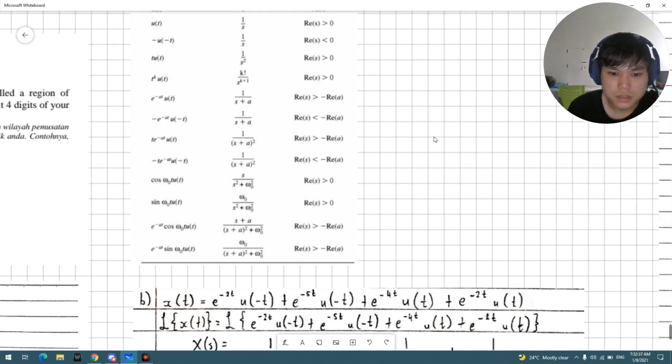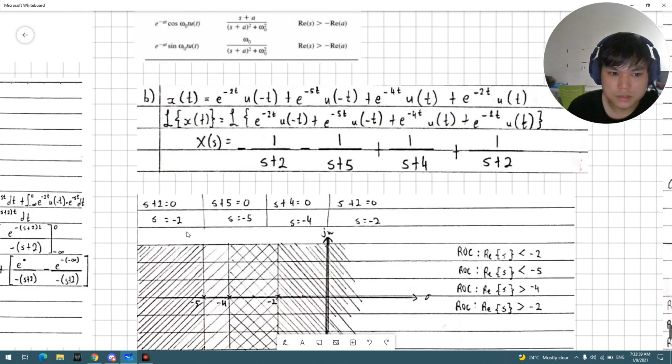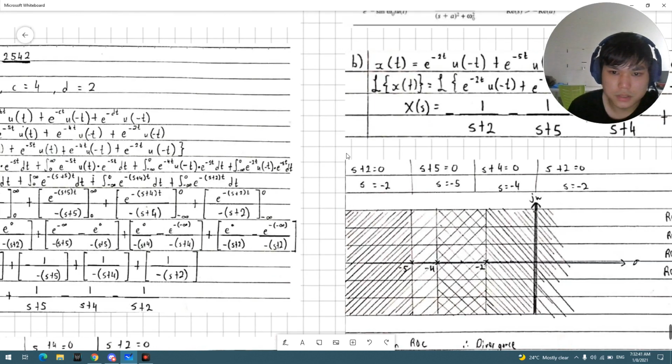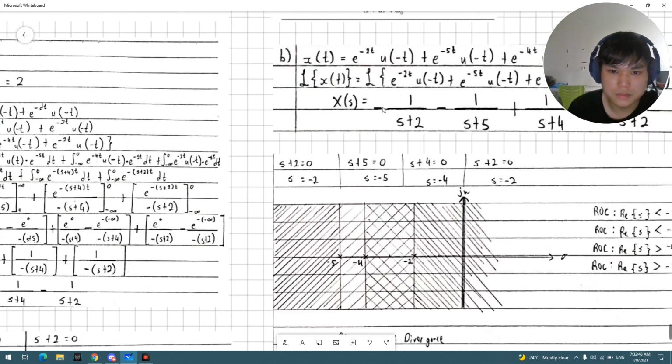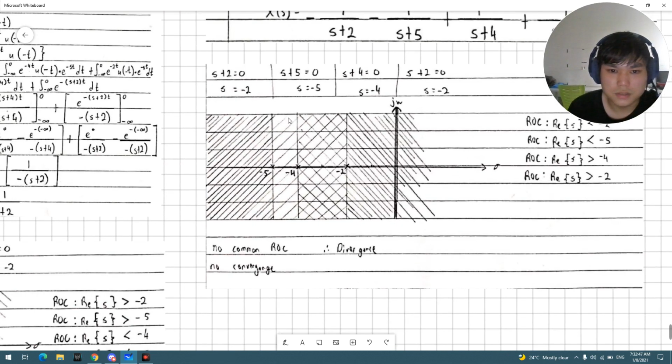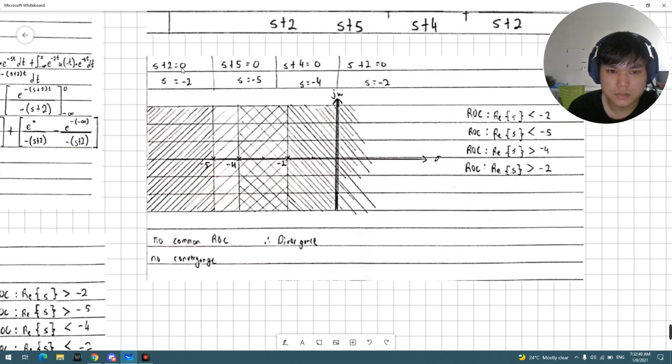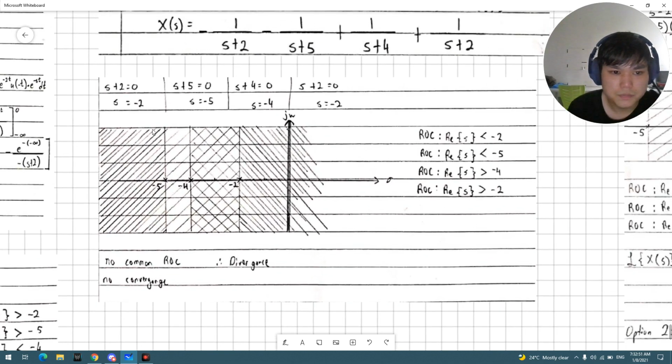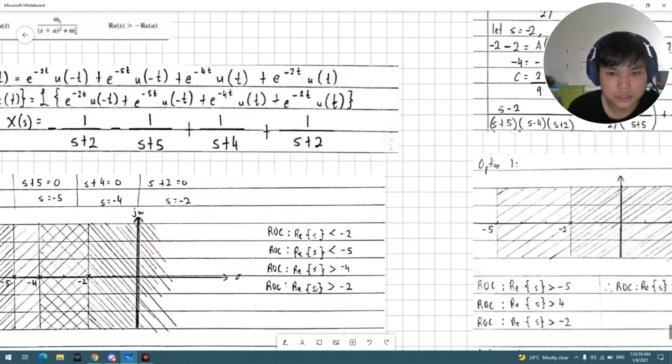So the answer should be the same as previous, only mirrored, with negative in the front instead of positive. The drawing is similar to just now. This ROC is also not common. There's no common ROC, it does not converge, and it's a divergence.